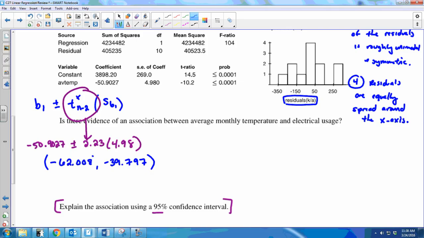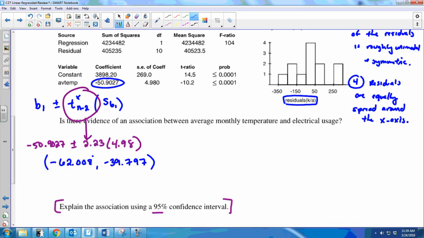Once you have an interval, you write the conclusion. In your conclusion, you're talking about slope. So let's talk about slope before we write the conclusion. So here's your slope. Just in general, if we are asked to interpret the slope, we did that yesterday, we reviewed all that stuff. So not thinking of the confidence interval, just in general, interpreting the slope. What would I say about slope? Well, I said interpret the slope in context.